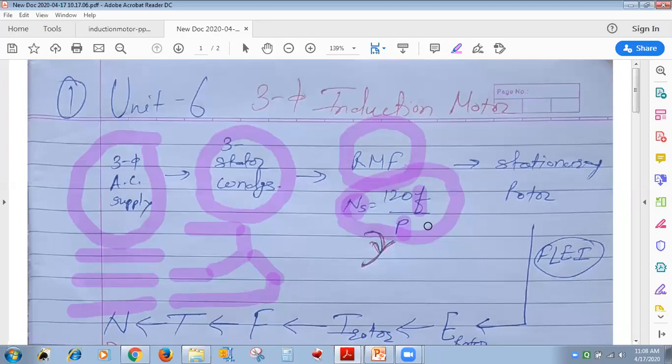You go on increasing frequency, synchronous speed increases. You go on decreasing the number of poles, speed will be more. It is inversely proportional to stator poles and directly proportional to supply frequency.